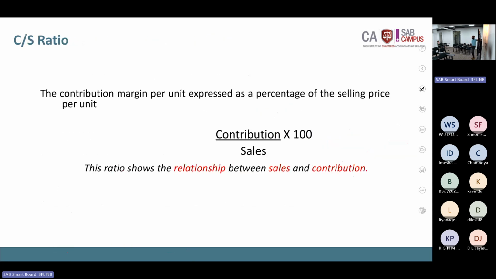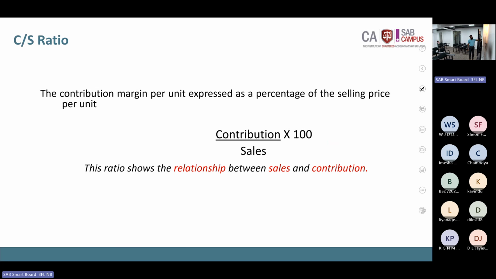We have different formulas to calculate the break-even point. So this, we call it the CS ratio or PV ratio, the contribution to sales ratio, profit volume ratio. The contribution to sales ratio means out of the sales, how much is the contribution as a percentage, right?